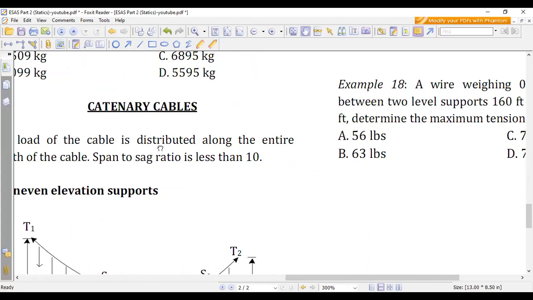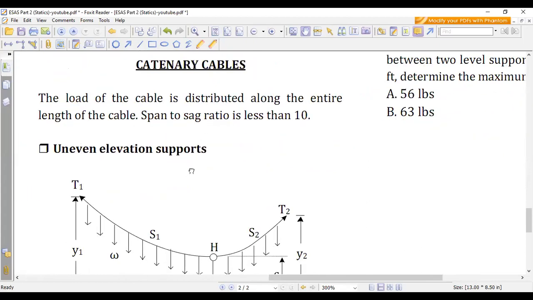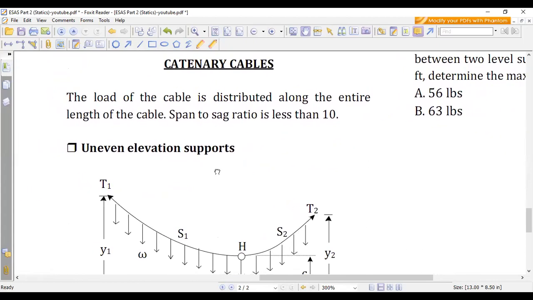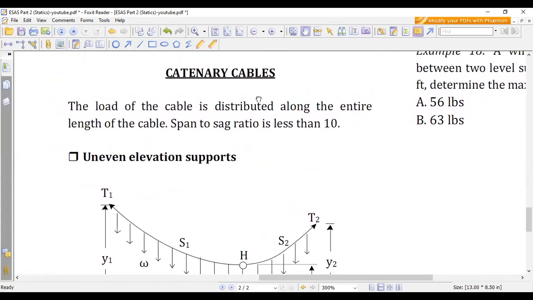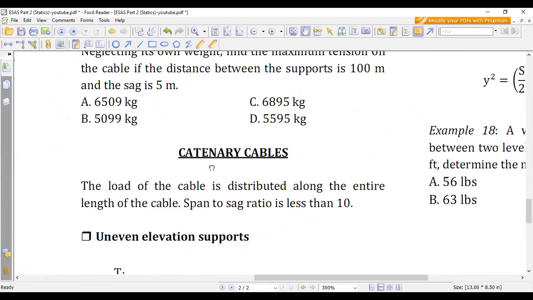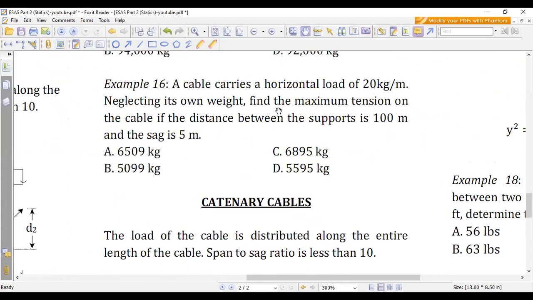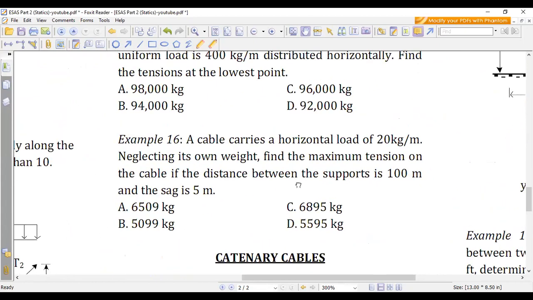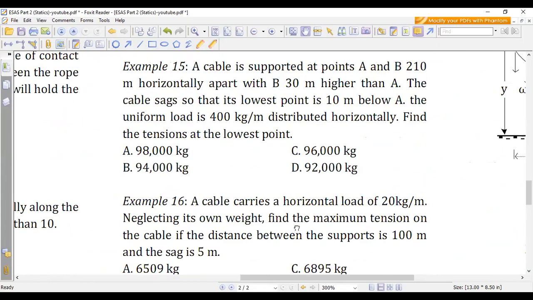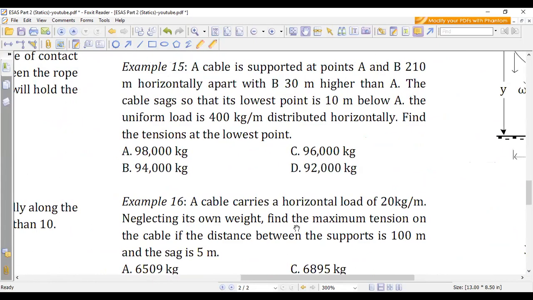Okay, so the last part: we have the catenary cables. If you have the parabolic cable, then the hint is that the analysis would be for a parabolic cable with a horizontal load distribution.